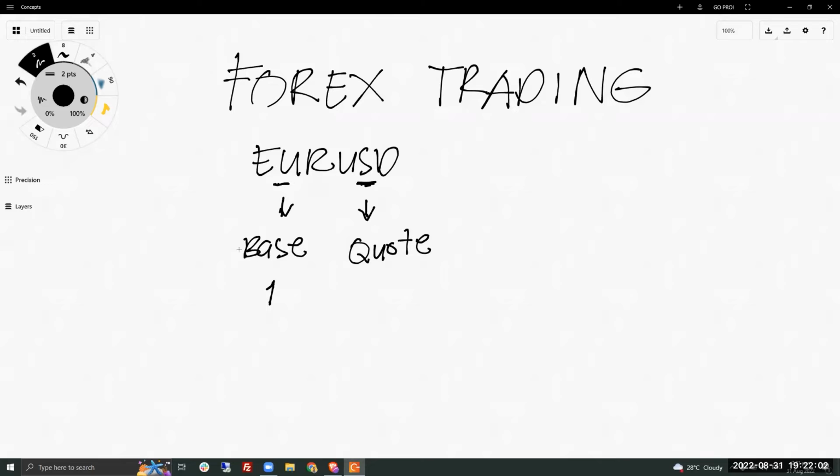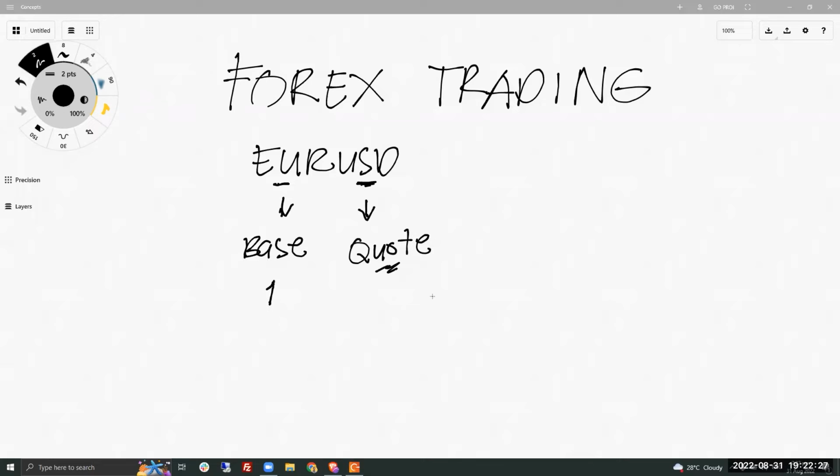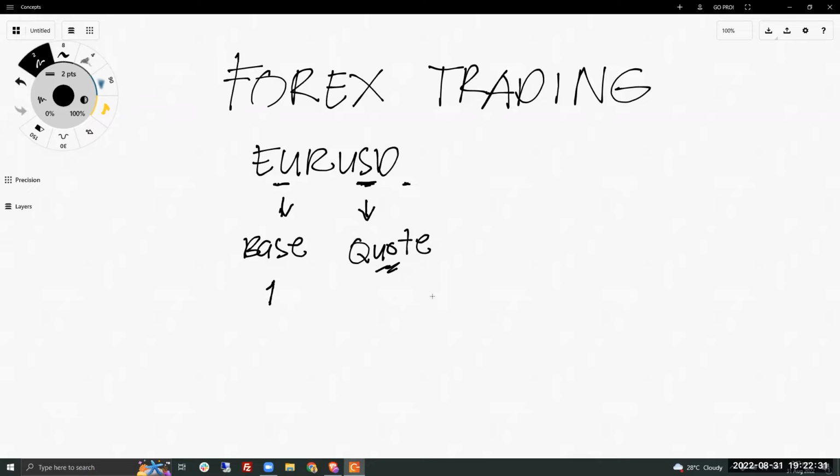What that means is whatever is quoted on the exchange rate. So whatever is the exchange rate ni Euro USD, dun sa USD PHP natin, ang current exchange rate nito is 55, right? So 1 USD as your base is equivalent to 55 PHP, which is yung quote currency mo.